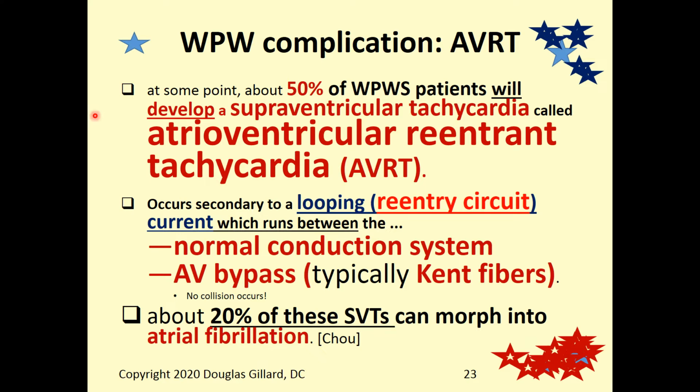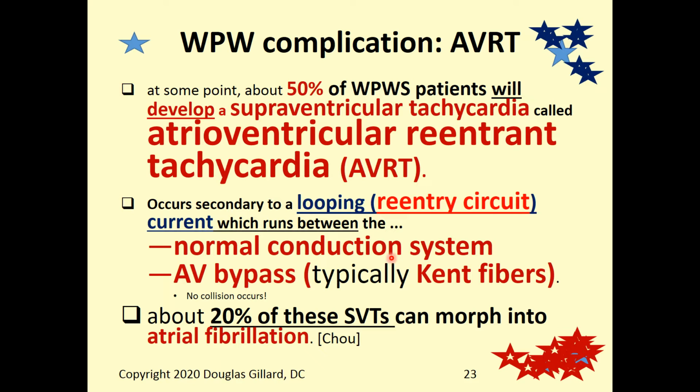At some point, we said this already, about 50% of patients with Wolff-Parkinson-White syndrome will develop a supraventricular tachycardia called AVRT. It occurs when you get a looping racetrack that usually goes backwards through the Kent bundle, the fibers of Kent.